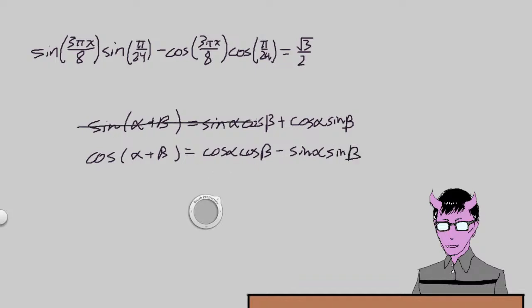We are not looking at the sine one for this particular problem. We're looking at the cosine one. Again, we can see that the sine types are together, and the cosine types are together, and there's a subtraction between those two. So we know we're dealing with this one in particular. But make note that the cosines are the second term next to the minus, rather than the sine ones. So be aware of that.